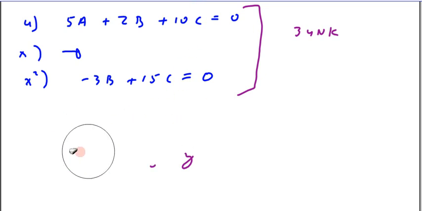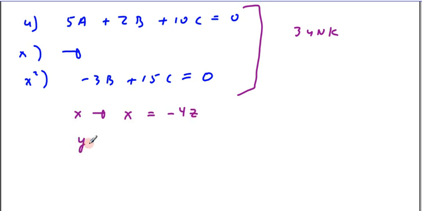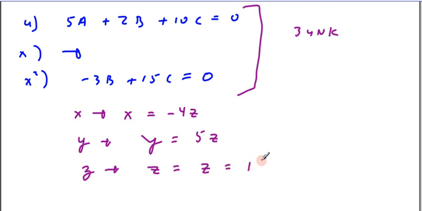My calculator is saying that the x guy is x equals minus 4z, and the y guy, y is equal to 5z. And the z guy says z is equal to z, but that really is 1 times z if I look at it that way.